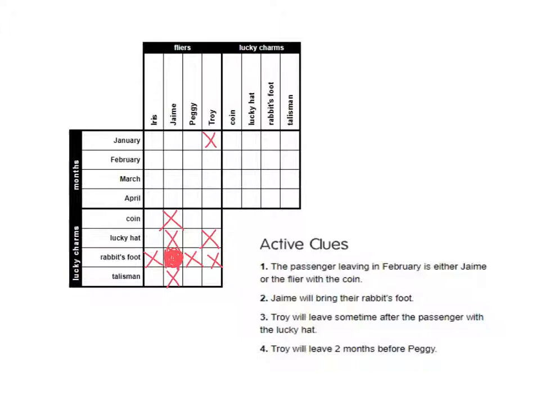Troy will leave 2 months before Peggy. Ooh, okay. So now this is really starting to break down a little bit more. If he's leaving 2 months before Peggy, he would have to be leaving right here, because otherwise we don't have 2 months to work with. So Troy is going to leave in February, which also means Peggy then is going to have to be April.